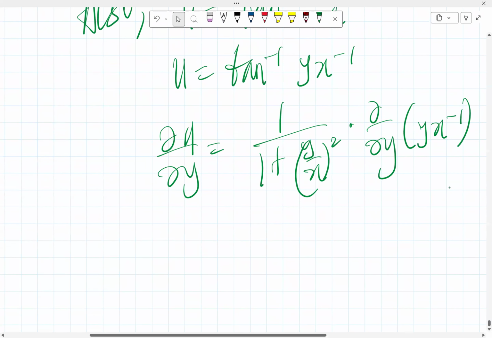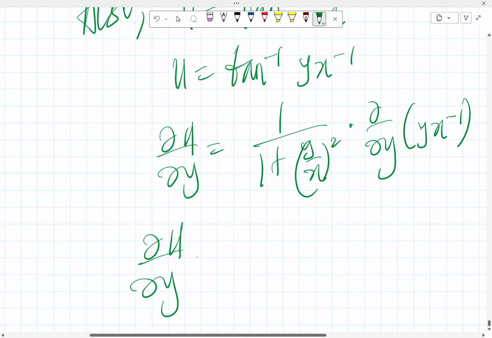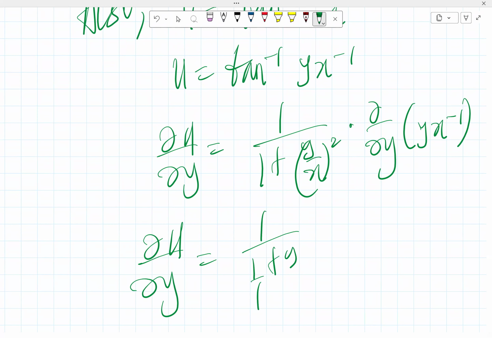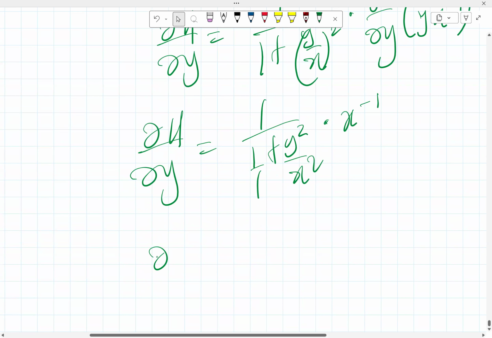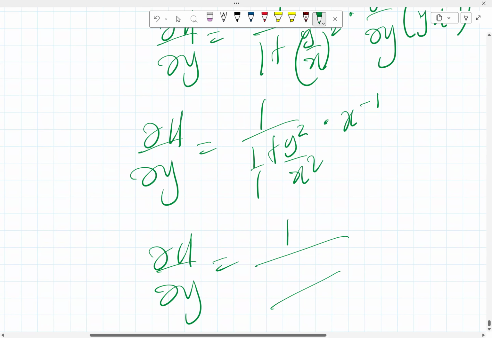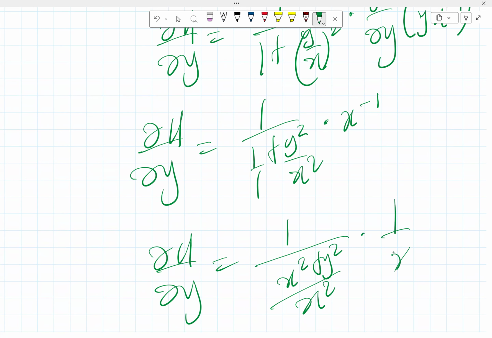So that's more straightforward. So you have partial u partial y equals 1 over 1 plus y squared over x squared multiplied by, when you differentiate yx raised to power minus 1, y disappears. So you have x raised to power minus 1. So then you have partial u partial y equals 1 over, LCM down here is x squared, so you have x squared plus y squared multiplied by 1 over x.